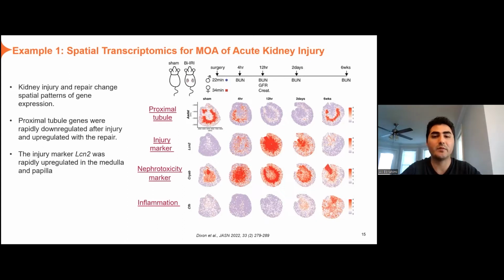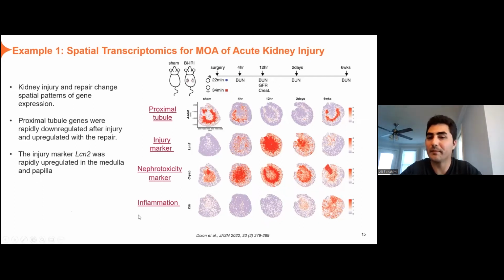Doing that, they were able to identify some of the injury biomarkers that tend to lose their expression during the injury and then gain it back in the repair, or injury markers that show region specific expression and tend to be expressed during injury and lose it during the repair.